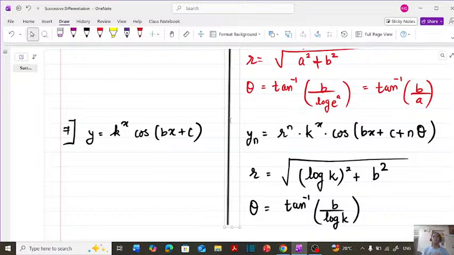It is not required. And I truly tell you, you will also realize that after putting b as some special values, you will get all the answers from these general formulas. Okay, you don't have to get scared and mug up more and more formulas.